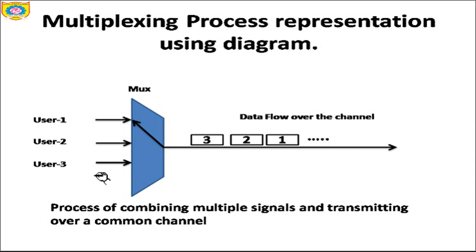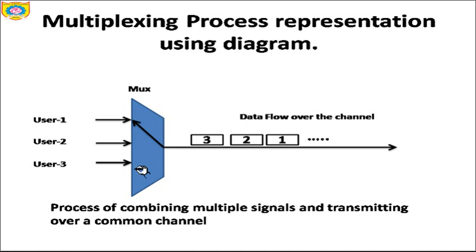So what exactly happens in this process? It combines the multiple signals and then transmits them over a common channel. Now see, this switch is pointing towards user 1. It means whatever data user 1 wants to transmit will be on the channel, that is this one. Then you move the switch to user 2 so that whatever data is available with user 2 is transmitted, and that is this 2.